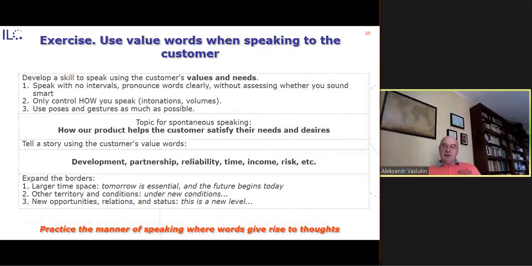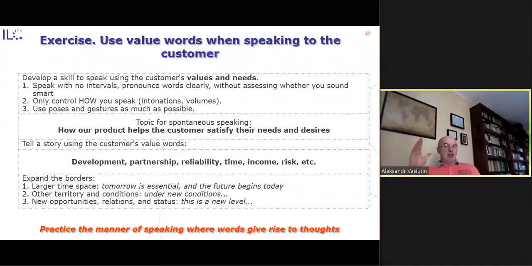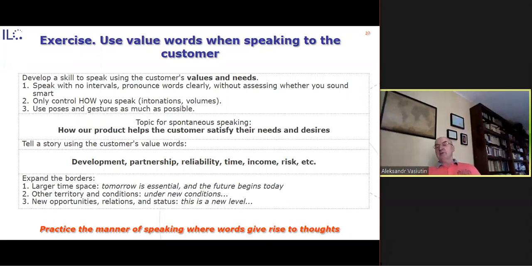There was an exercise. When you get this presentation, you can do this exercise, develop a skill while speaking to your customers in their values and needs. Topics for spontaneous speaking: how our product helps the customer satisfy their needs and desires.